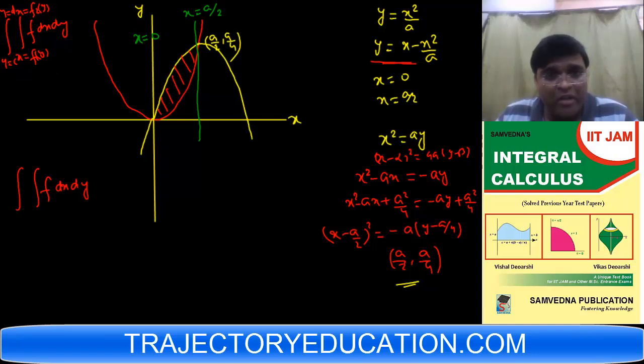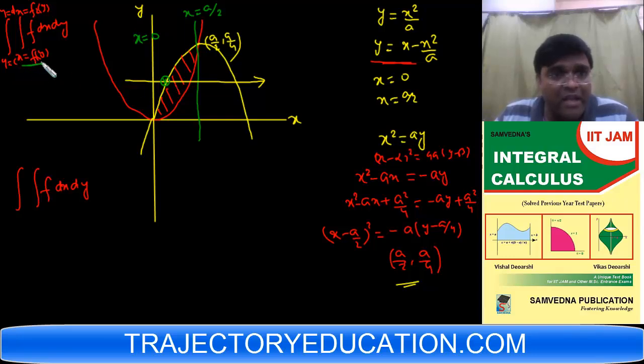If you want to find the limit of x, you do one thing: you draw an arrow in the direction of increasing x and see where it intersects. It is intersecting the curve over here. So this is the curve which the arrow intersects first.